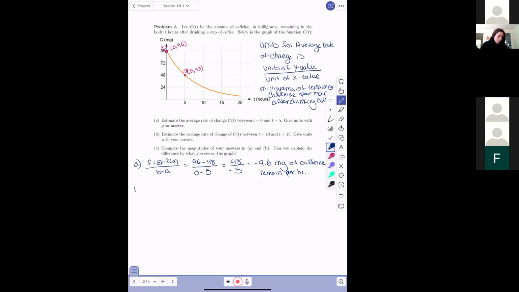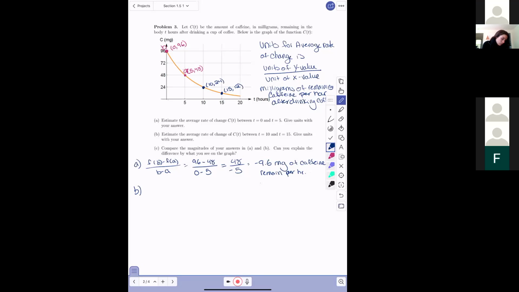All right, B. Estimate the average rate of change of C of t between t equals 10 and t equals 15. So those are my points. We have 10, 24, and 15, I don't know, let's say 12.